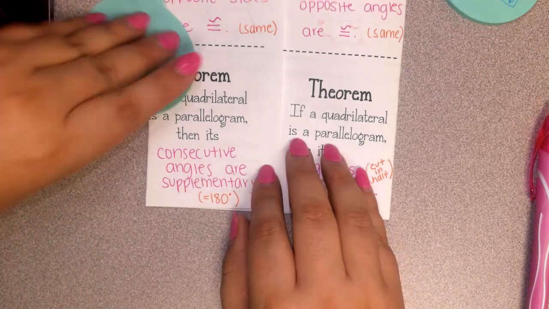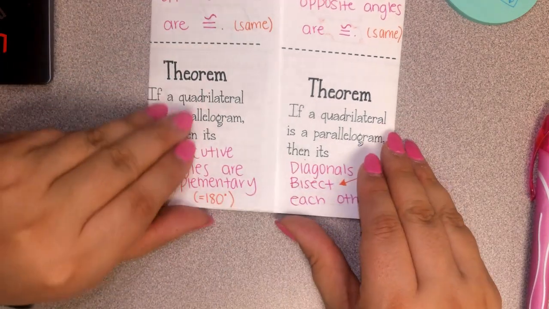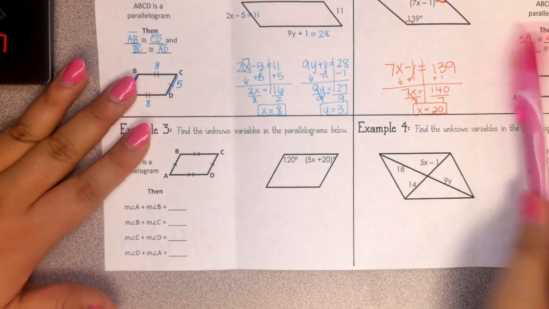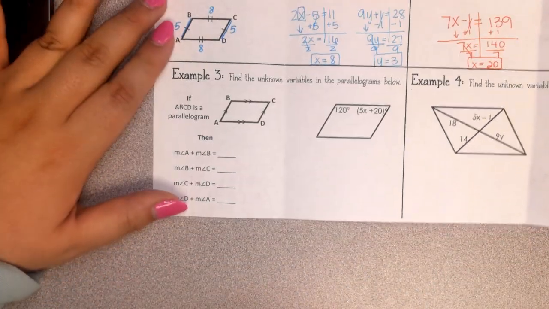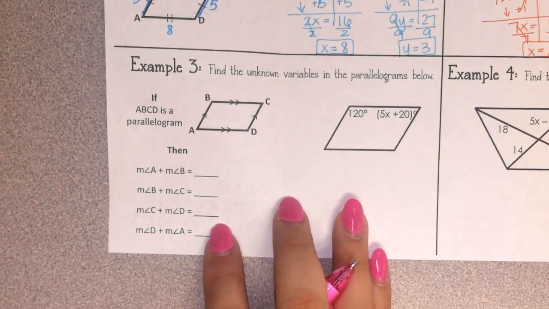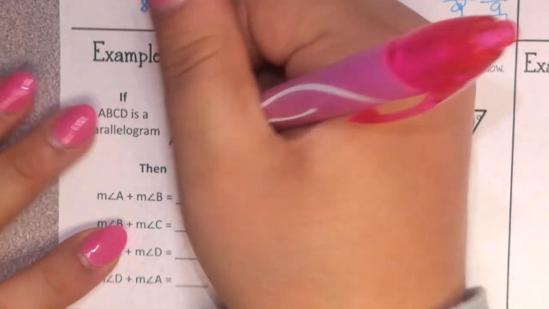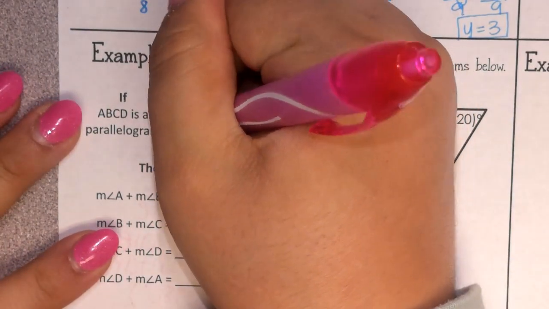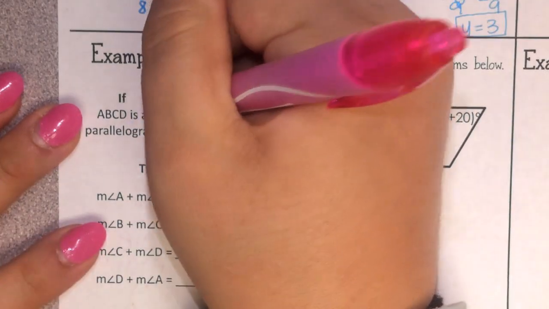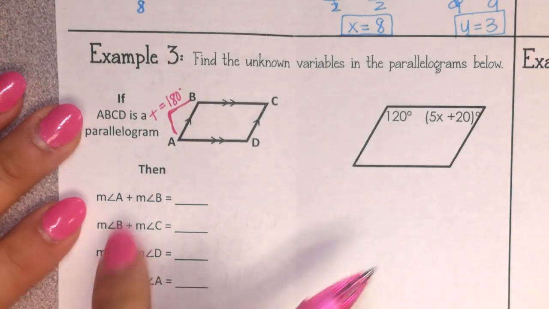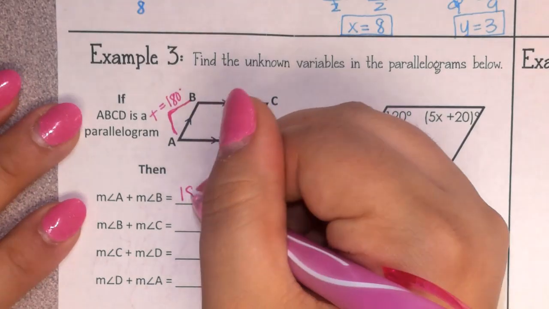So open up your notes, please. So this says find the, so this right here. What do I know about angle A and angle B? When you add them, what are you going to get? You are going to get 180 degrees.